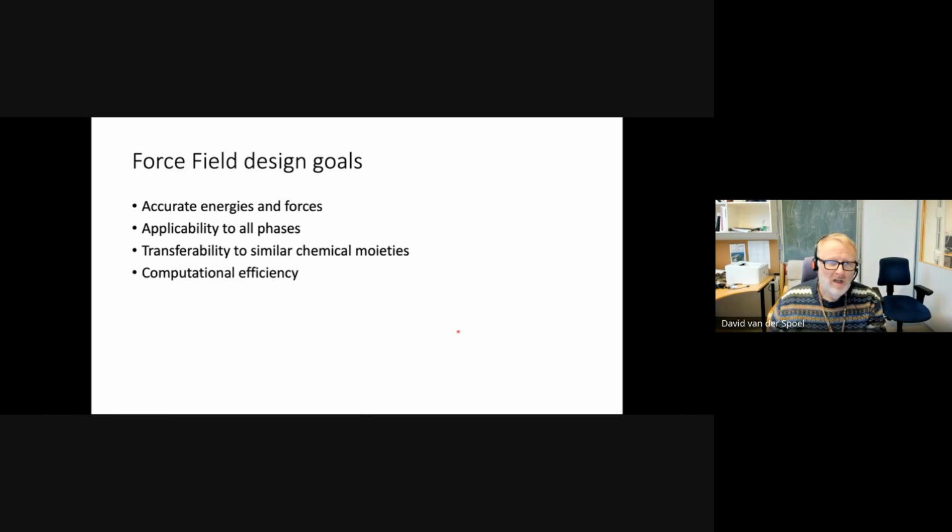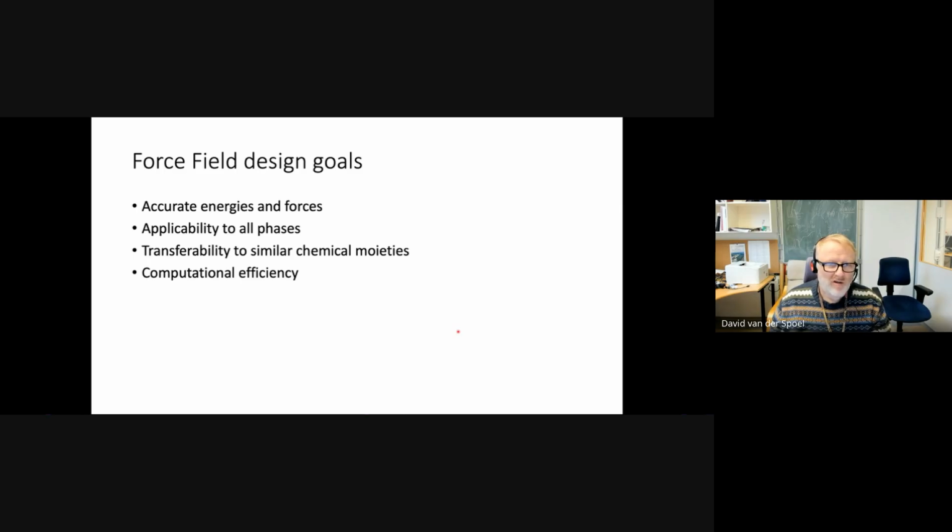Then we also want to have computational efficiency, so it should be relatively fast. And then, of course, the question is, how fast should it be? Well, it should be faster than methods that are more accurate. So it should be faster than quantum chemistry, but it maybe doesn't have to be as fast as the simplest models if you get something in return.